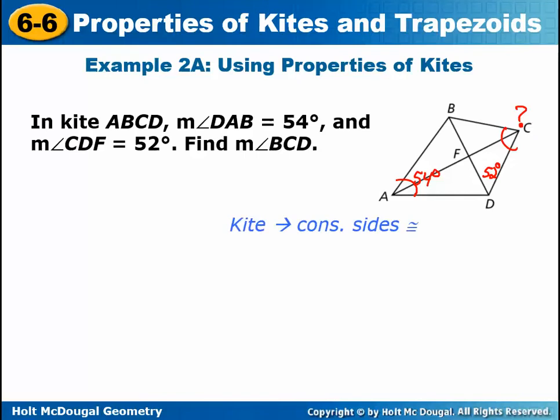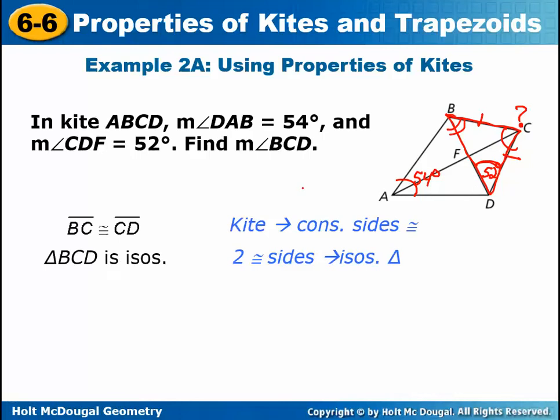All right, here's how we're going to do that. We know that BC is congruent to CD. If you have two sides of a triangle, see this triangle here, that are congruent, we know it's an isosceles triangle. And if it's an isosceles triangle, it means that the base angles are congruent to each other, which means that angle CBF is also 52 degrees.